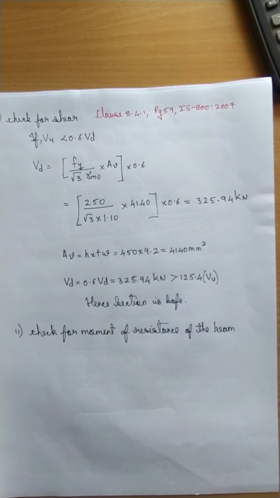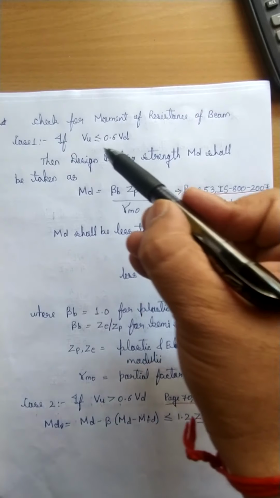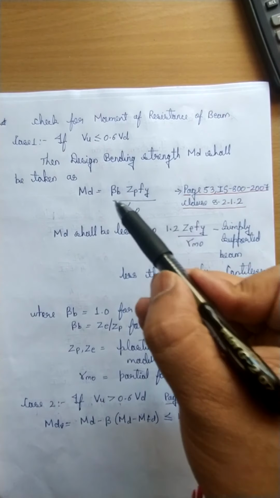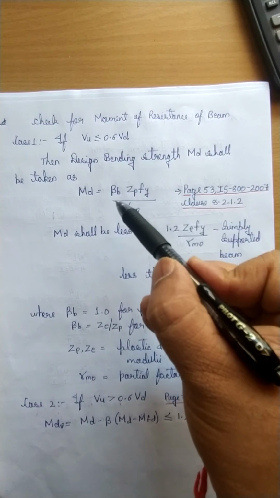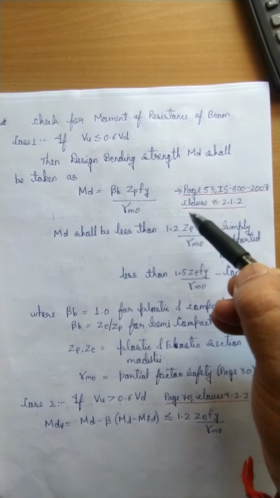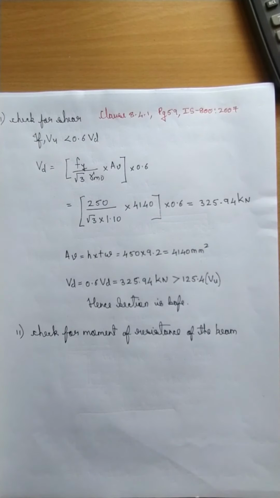For this I had already given an explanation. We have already seen that VU is less than 0.6 VD, so it is case 1. So the bending strength is given by MD is equal to beta B ZP Fy divided by gamma m naught. This is taken from page number 53, clause number 8.2.1.2. So we will solve for it.